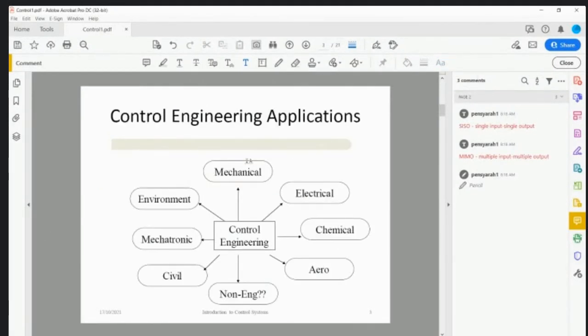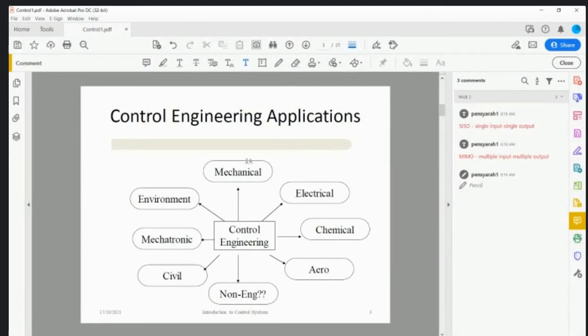So where can we find the application of control engineering? Of course, we are learning in mechanical, so you can find the application of control engineering in mechanical systems. For example, in a car, you'll be able to control the speed of the car. You'll be able to control the trajectory of the car.